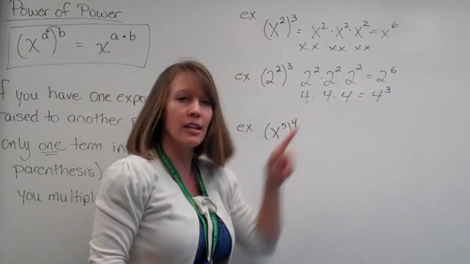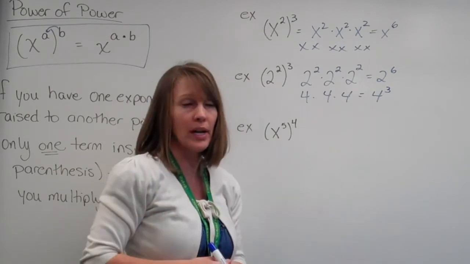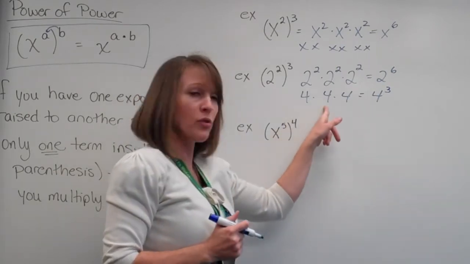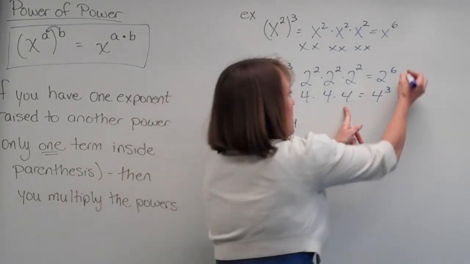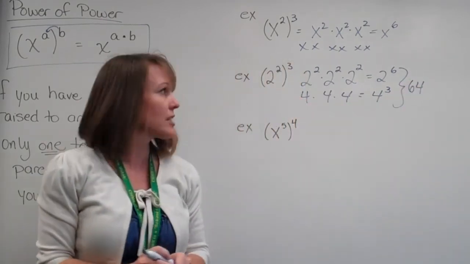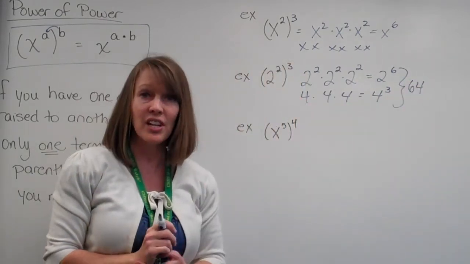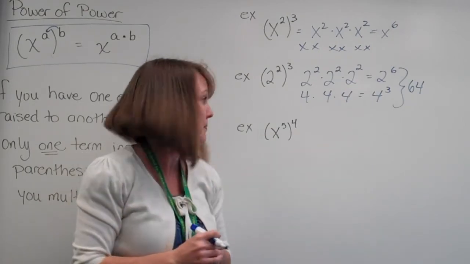Actually, 2 to the 6th and 4 to the 3rd, they're going to be the same thing. Since they're a number, we got to keep going. So let's do this. 4 times 4 is 16 times 4, this is going to be 64. Okay? So 2 to the 6th or 4 to the 3rd, both going to give you 64. Just make sure you keep going till you have a final number.